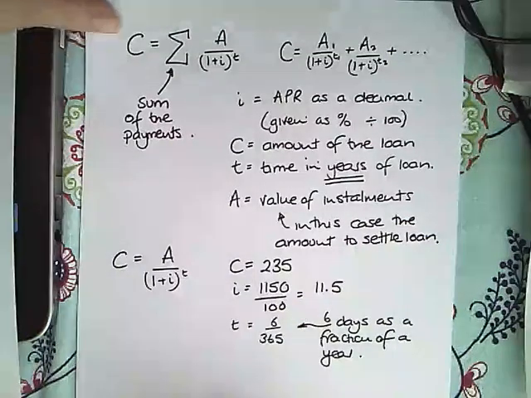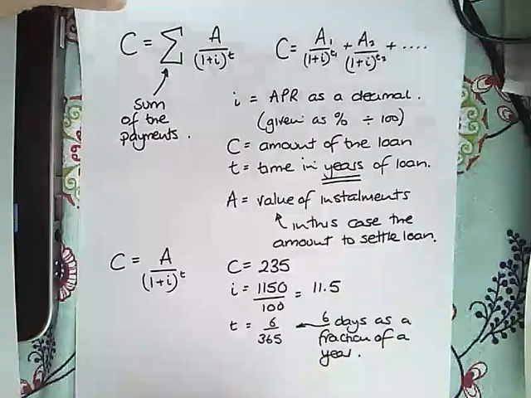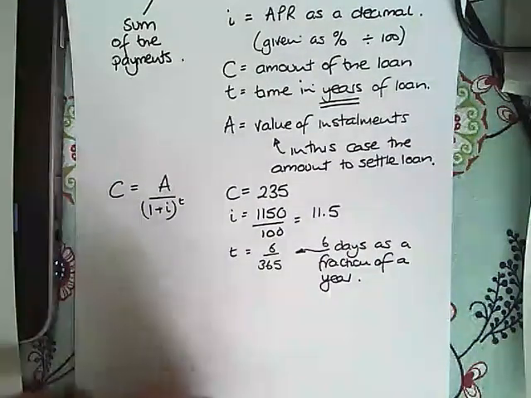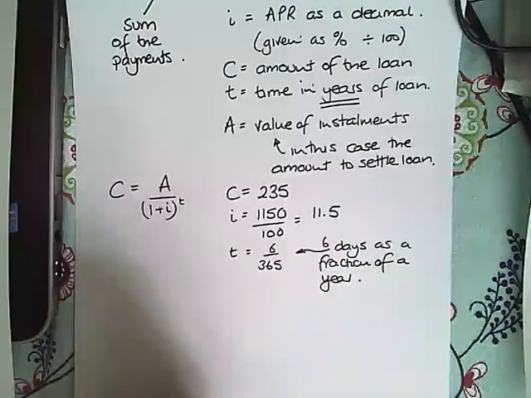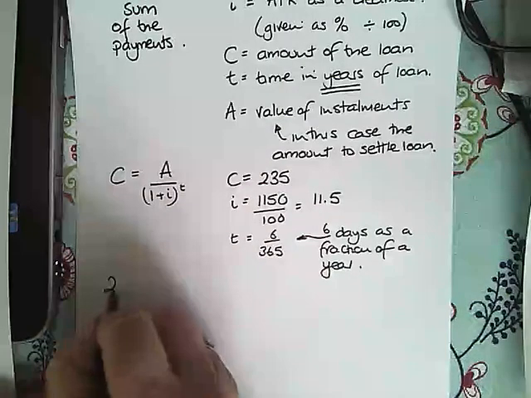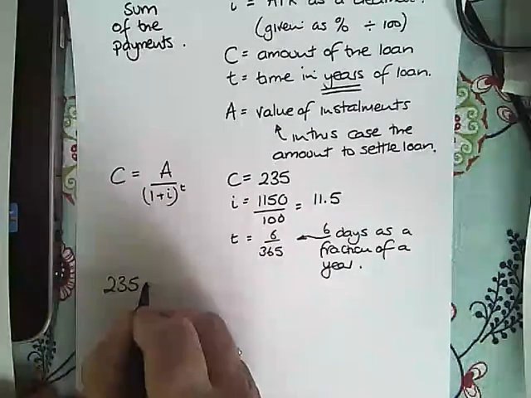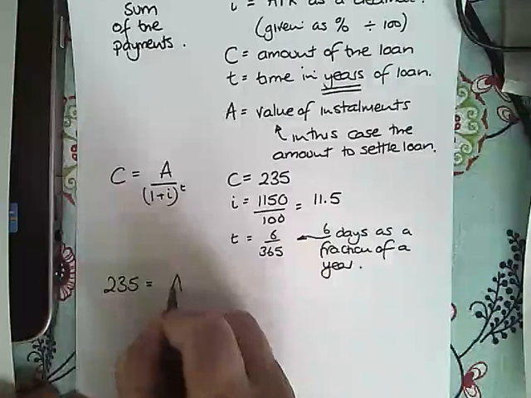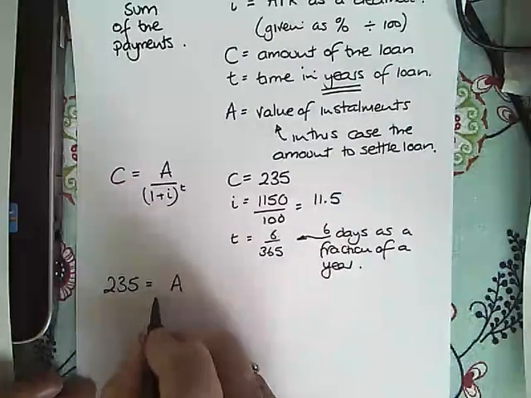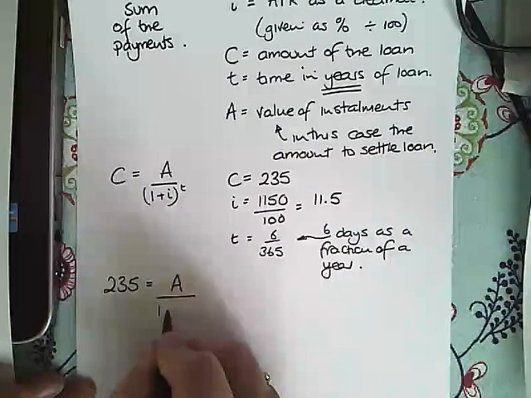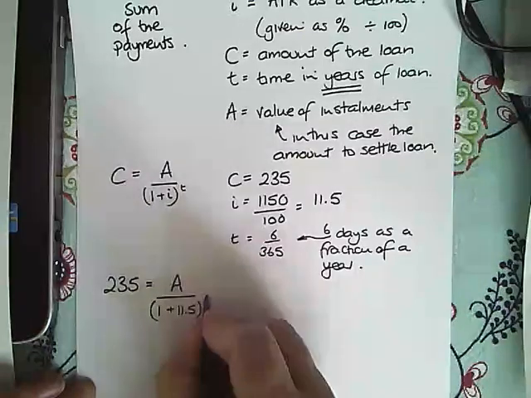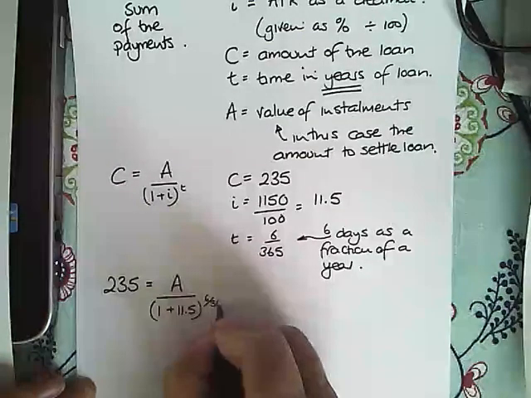And remember, when we're substituting values into a formula, the first thing we need to do is put those values into the formula without doing any calculations, and that is where we get the first mark on any of these sorts of questions. So 235 is equal to A, that's the amount to settle the loan, and that's what we're going to find out, divided by 1 plus 11.5 all to the power 6 over 365.